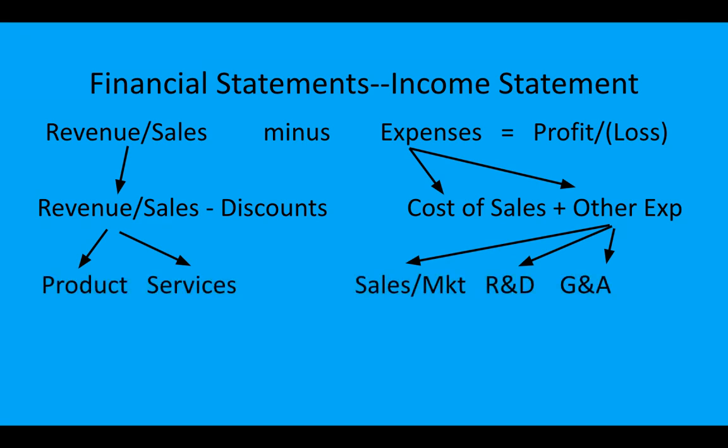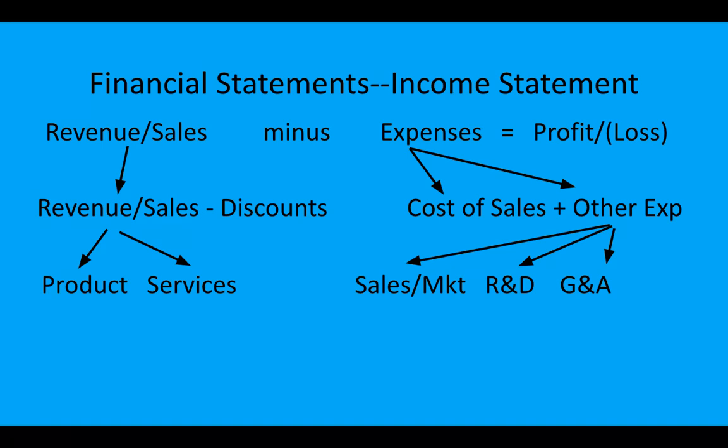So as I said, the revenue and sales could be broken down by product and services. For example, if you look at Apple, I know for a fact they have two revenue or sales lines. One is for product, one for services. Not all companies are like that, but those that are would break them out. And then the other expenses can also be broken down further, and they're usually reported as sales and marketing, research and development, and then the catch-all general and administrative.